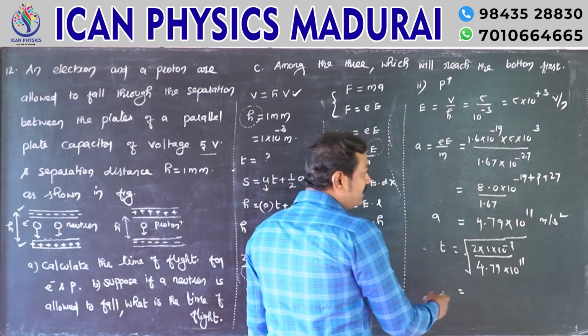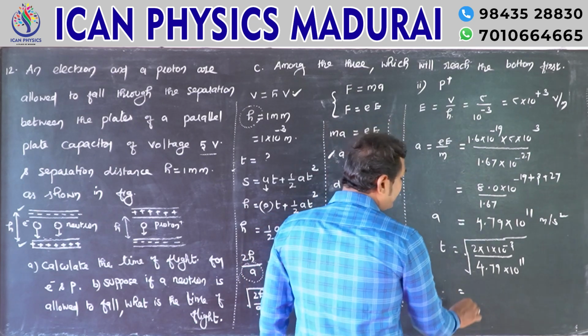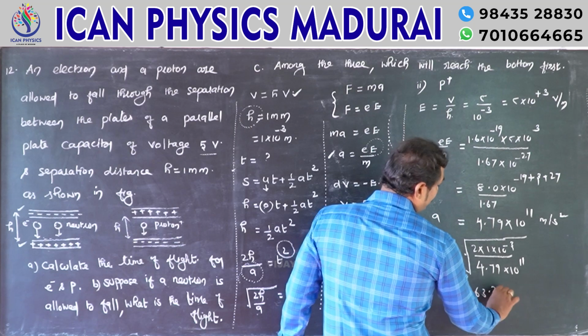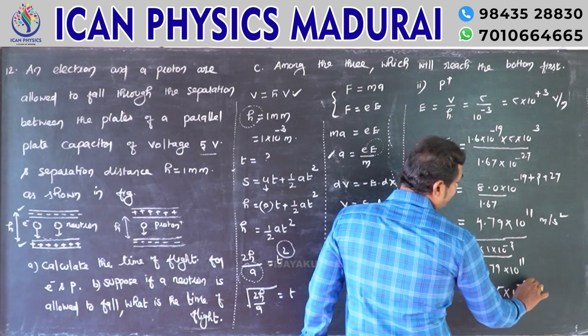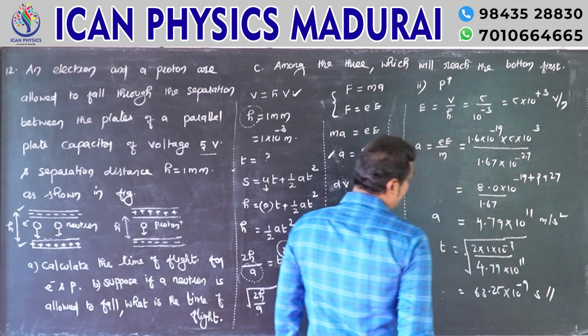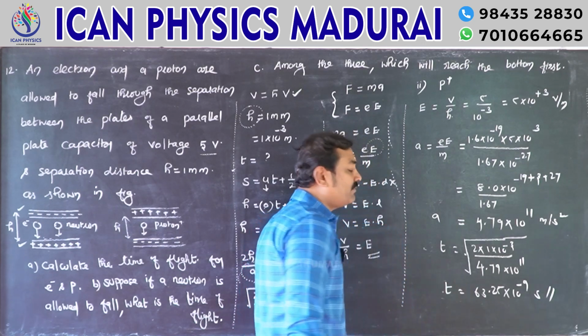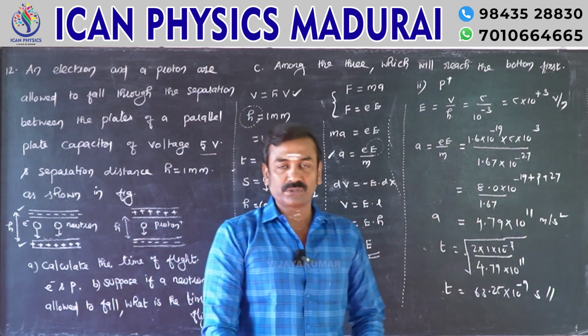So when we take the square root, finally we get 63.25 into 10 to the power minus 9 second. So this is the time of flight of proton.